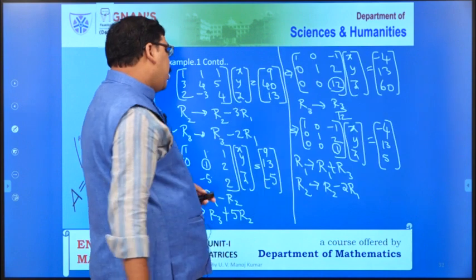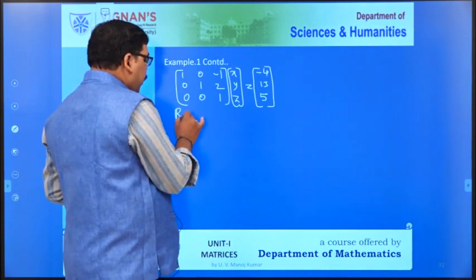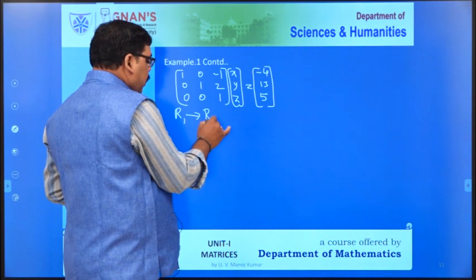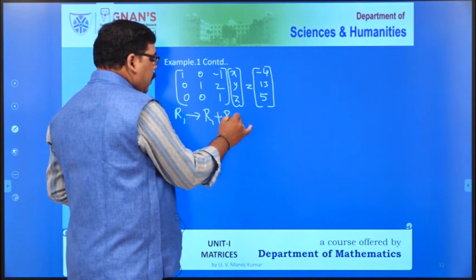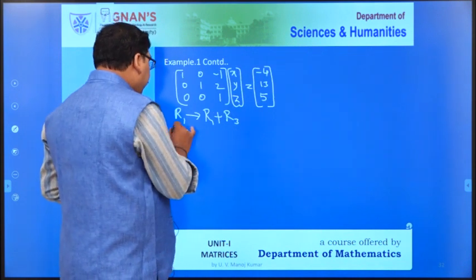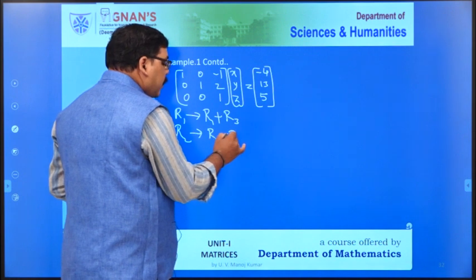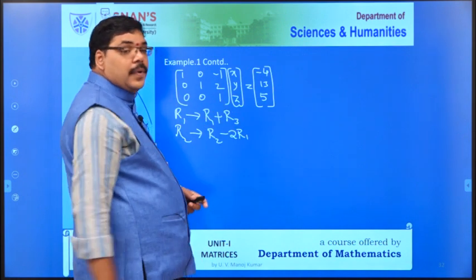On this, what do we want to apply? R1 implies R1 plus R3, and R2 implies R2 minus 2R3. Okay.